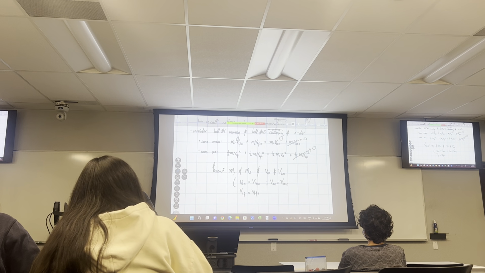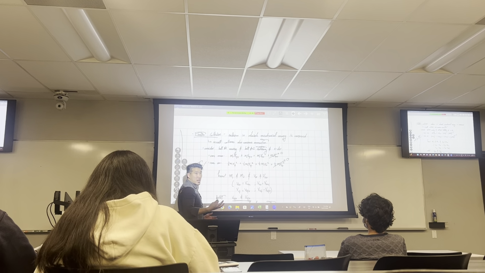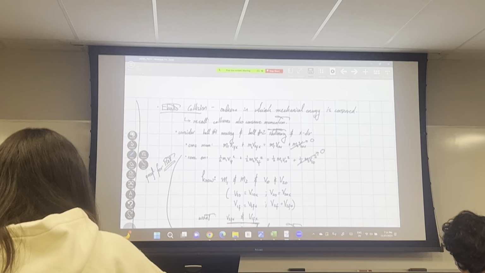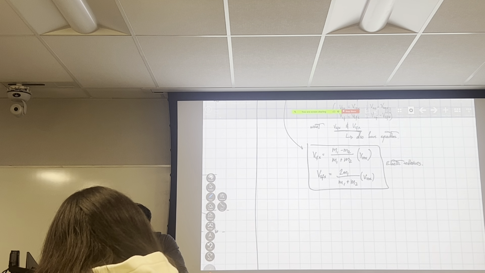Now, another assumption that went into this derivation was the fact that one of the objects was stationary. Well, what if we alleviate that? Because in not all scenarios is an object going to be stationary.